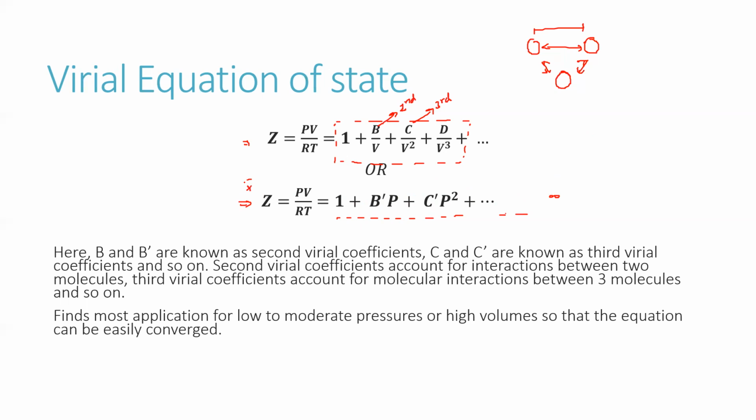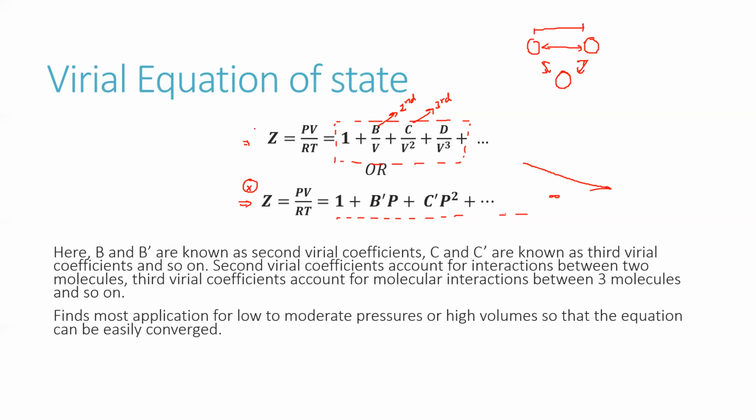So it is not possible to calculate if pressure is very high. It would converge only if the pressure is low or moderate. In that case P would be something, then P square would be smaller, P cube would be even smaller, and so on. It will converge.